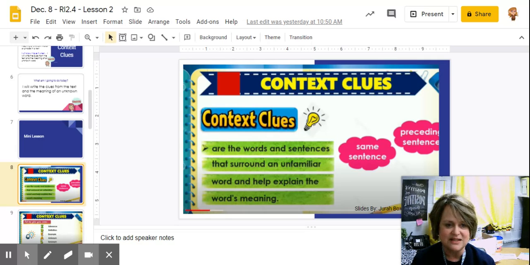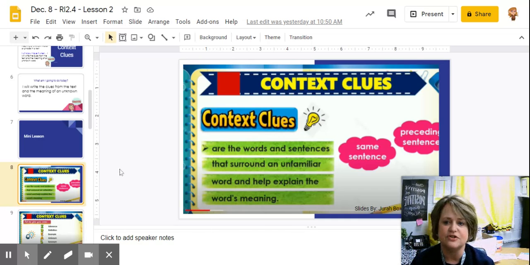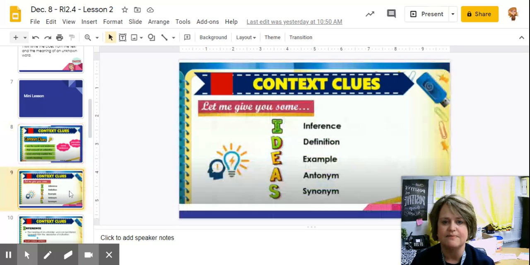So using context clues means you read the same sentence that the word is in, or maybe the preceding sentence, the sentence before, or the sentence after, to try to figure out what that word is. There are a few ways to figure out what a word means.